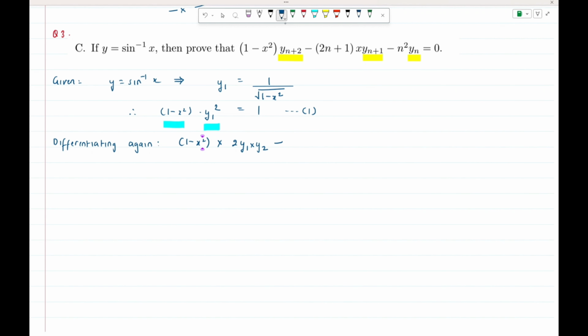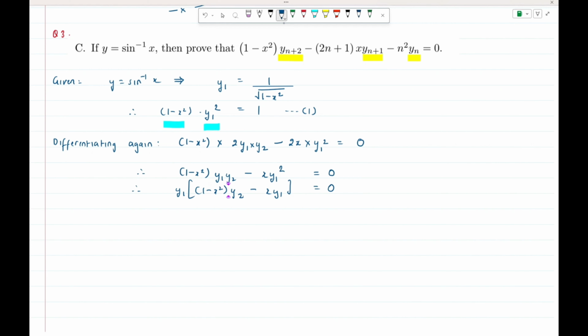Then plus derivative of u, which is going to be minus 2x into v as it is, and on the right hand side it is going to give us 0. On simplifying, you can see that 2 could be factored out and it will get cancelled. So we will have 1 minus x squared y1 y2 minus x into y1 square is equal to 0. Also we can factor out y1, so we can say that y1 into (1 minus x square y2 minus x into y1) is equal to 0.